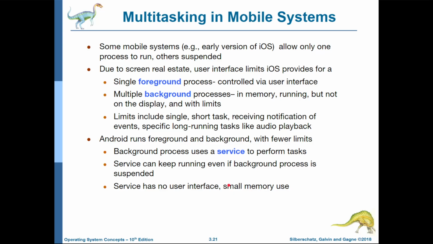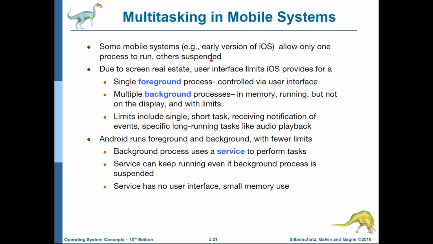Now, we've been discussing this scheduler concept from the perspective of a desktop or a laptop system or a server system. This is very different from how mobile systems do things. Mobile systems usually only allow one process to run. The early versions of iOS would only allow one process to run and nothing was allowed to be in the background.